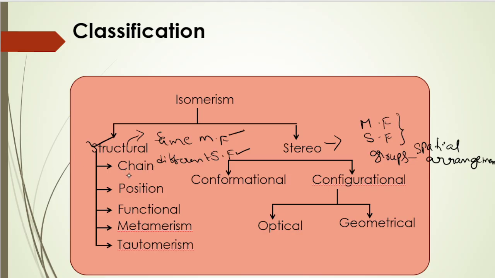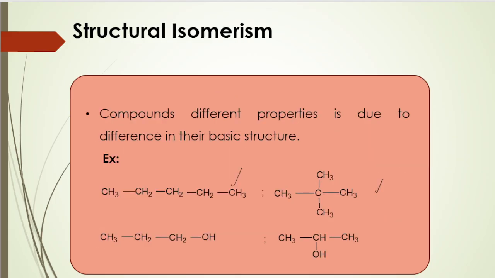Structural isomerism is mainly of 5 types: chain isomerism, position isomerism, functional isomerism, metamerism, and tautomerism. Compounds having different properties is due to the difference in their basic structure. If we consider these two compounds, they differ in their structures, and hence they differ in their properties.